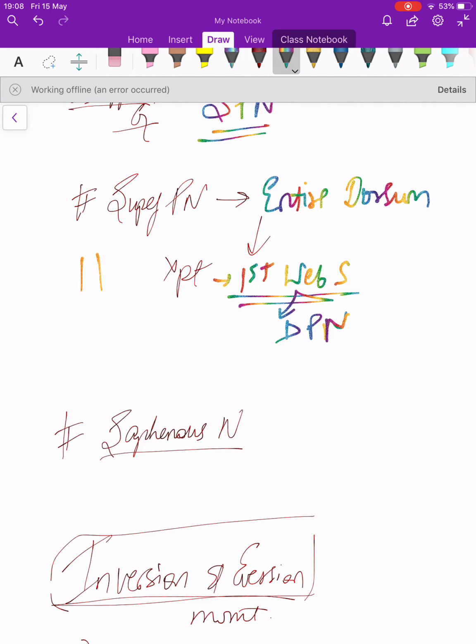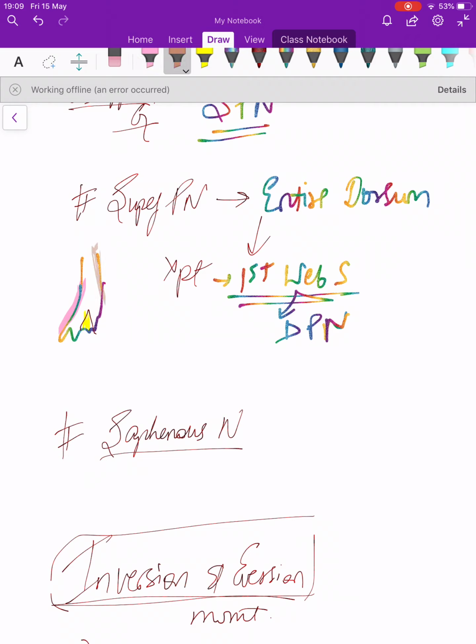Like, if this is the foot, the first web space is supplied by the deep peroneal nerve. The lateral surface, the lateral aspect of the foot, is supplied by the sural nerve, then the medial aspect by the saphenous nerve.